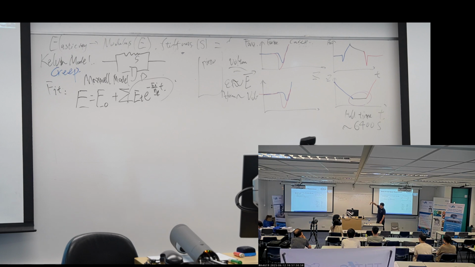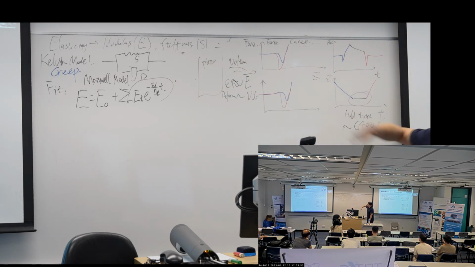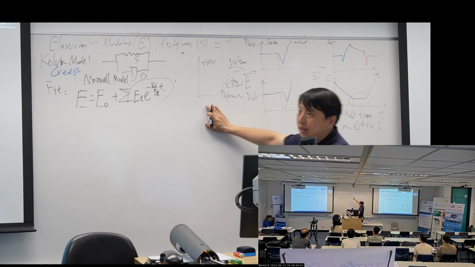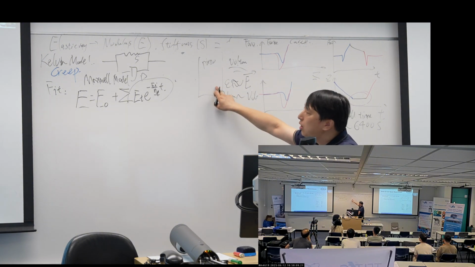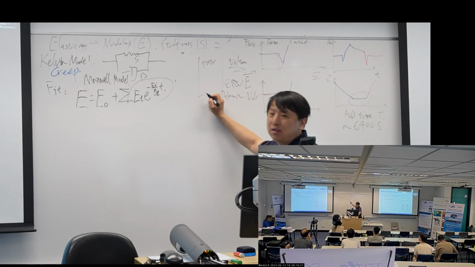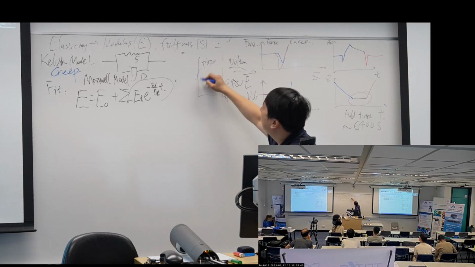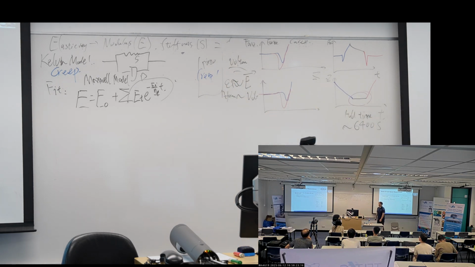So how I drive my scanner to move is that I apply voltage on it, and as such I can change the movement of my piezo. But again, the piezo is doing a tiny movement, so it will show a similar behavior as we described this morning. The piezo itself has creep.